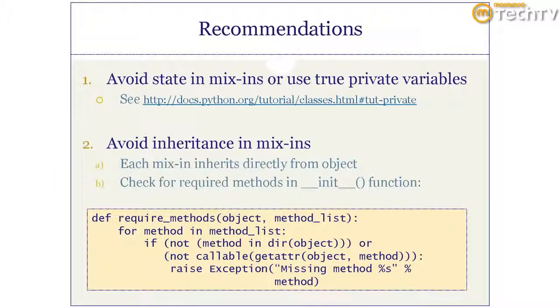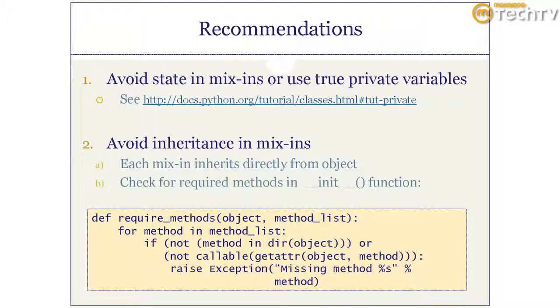The other thing is to avoid inheritance in your mixins, and then you don't have all these problems with method resolution order. That also makes the example of combining methods simpler. To avoid inheritance, you can directly inherit from object or some other base class. Then if there are methods that you're expecting, you can check for them in your init function.